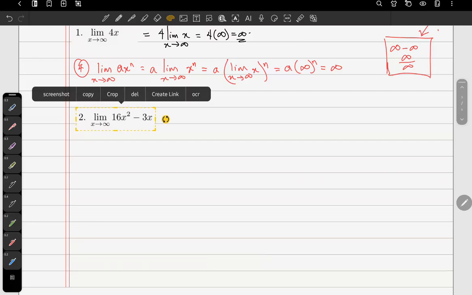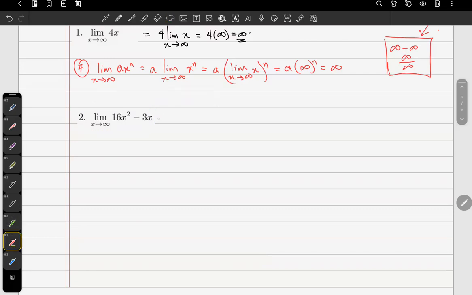In this case, it's a polynomial, but if we attempt to put in infinity directly, we have 16 times infinity minus 3 times infinity, which is infinity minus infinity. We do not want this. This is an indeterminate form.